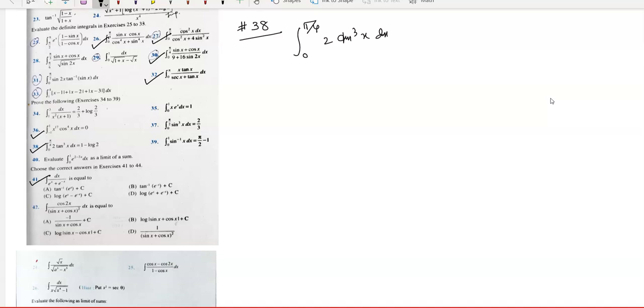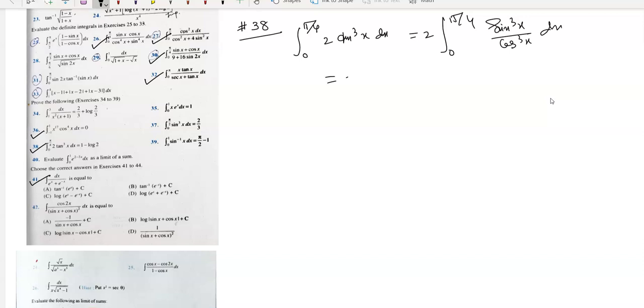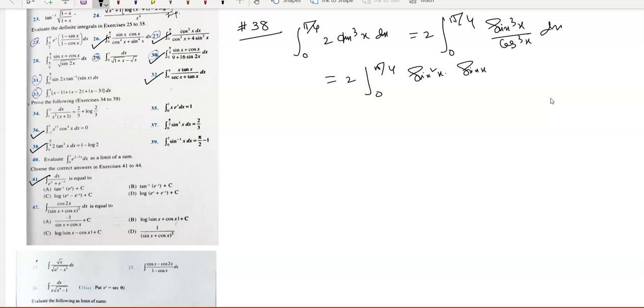For this sum, if I take 2 outside, this is going to be 0 to pi by 4 sin cube x by cos cube x dx, and everyone can write this as sin square x into sin x by cos cube x dx.